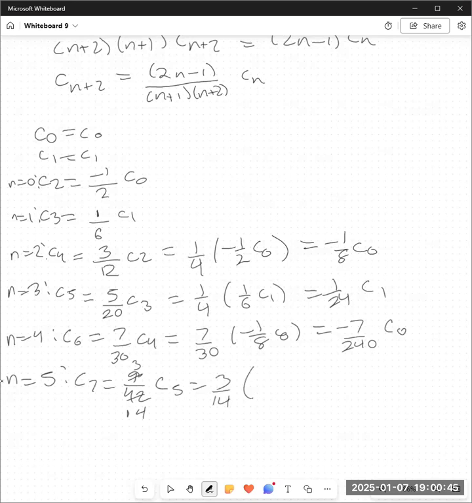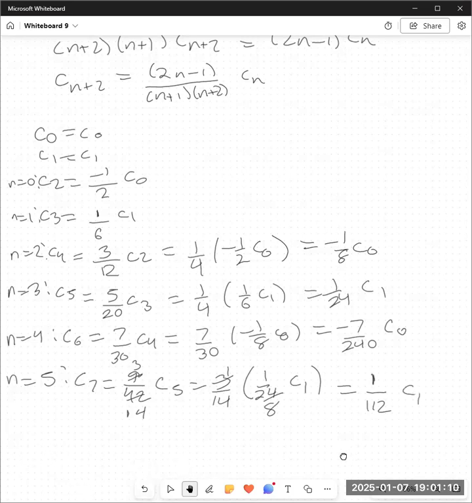And then C5 is 1 over 24 C1. 3 goes into 24 8 times, and that is 1 over 112 C1.